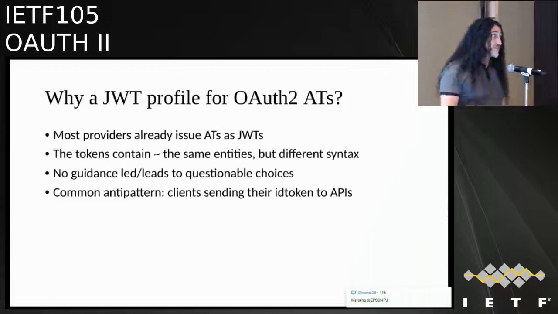They need to have the information that they typically get in the ID token. So the outcome is that if you want to use Kubernetes, you've got to send them your ID token. There are a number of flows in Amazon that require you to do the same. So the hope is that if we create a profile that actually places in the access token the things that those products need, then we will curb that practice.